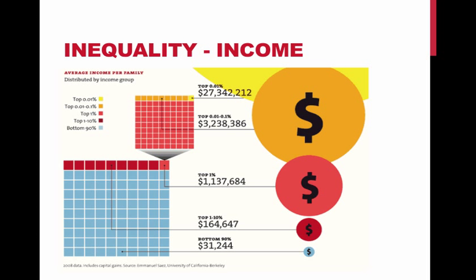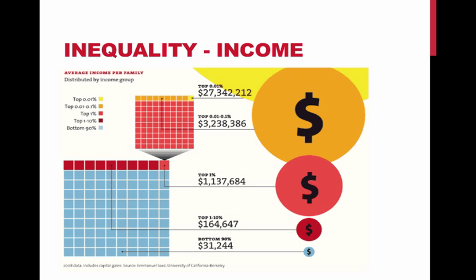One way that we can look at inequality is by exploring income. And we can take this pretty complex looking chart here and see that a very, very small percentage of the US population has a pretty significant advantage in terms of the average family income that they receive.